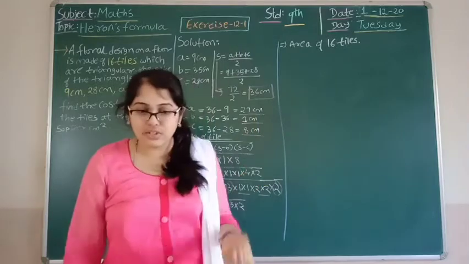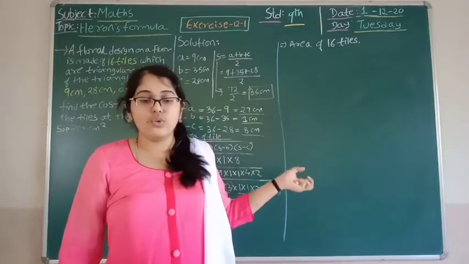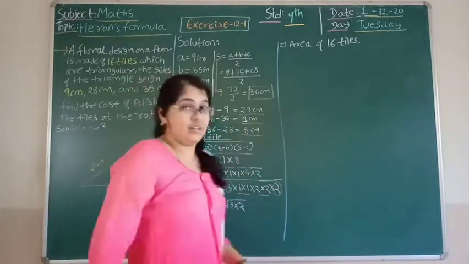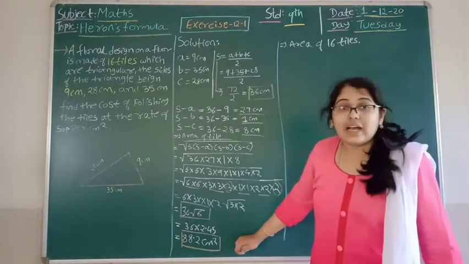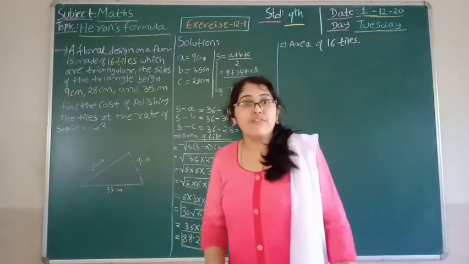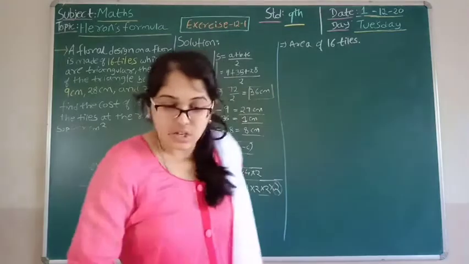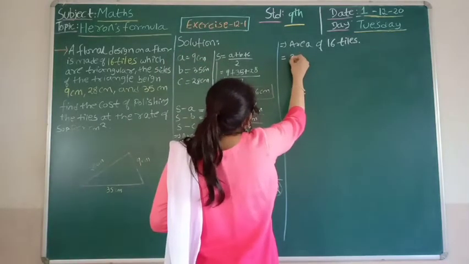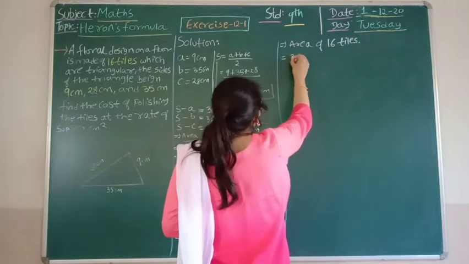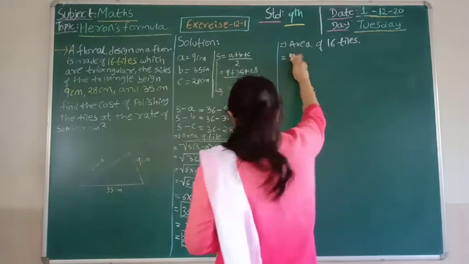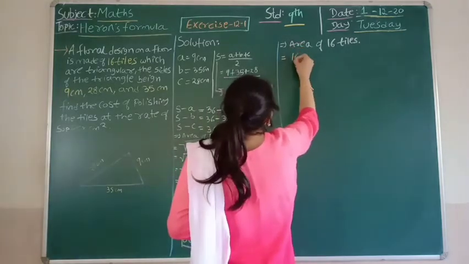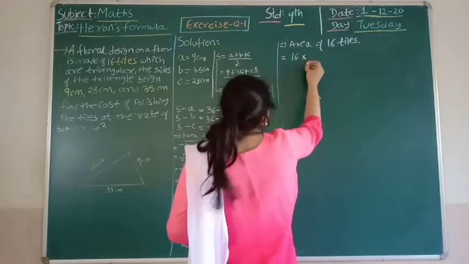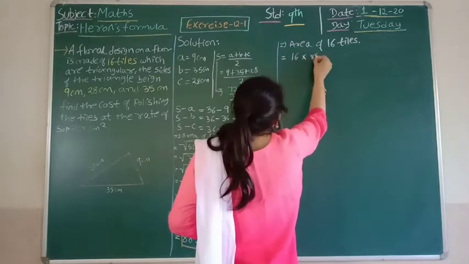So as we know, it is very simple. What you need to do? You need to multiply the area of a single tile with the number of tiles, that is 16. So I am writing over here, that is 16 multiplied by 88.2.